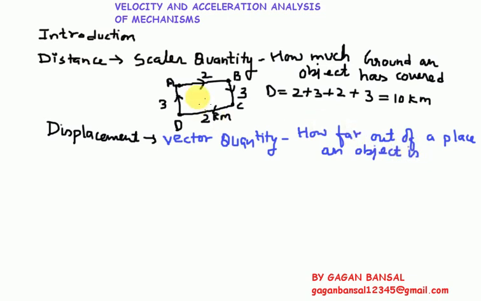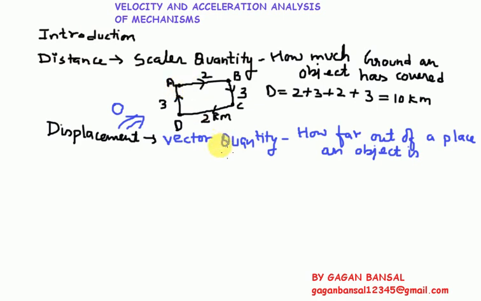That is, we consider the same example when a body traveled from A to B, then B to C, C to D, and then D to A. Here, the displacement is equal to 0. That is, the body which started from A reaches back to A, so its distance, which tells the total ground traveled, was 10, and displacement, which tells how far out of a place an object is, is 0, because the initial and the final position is same.